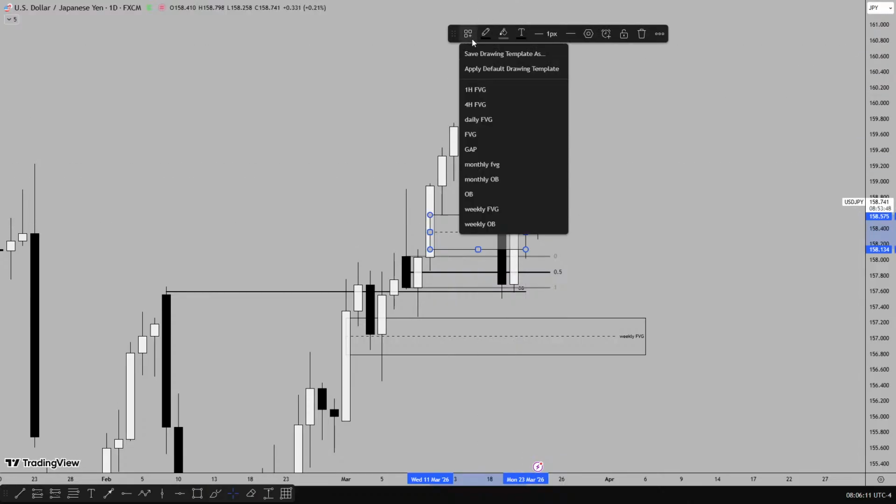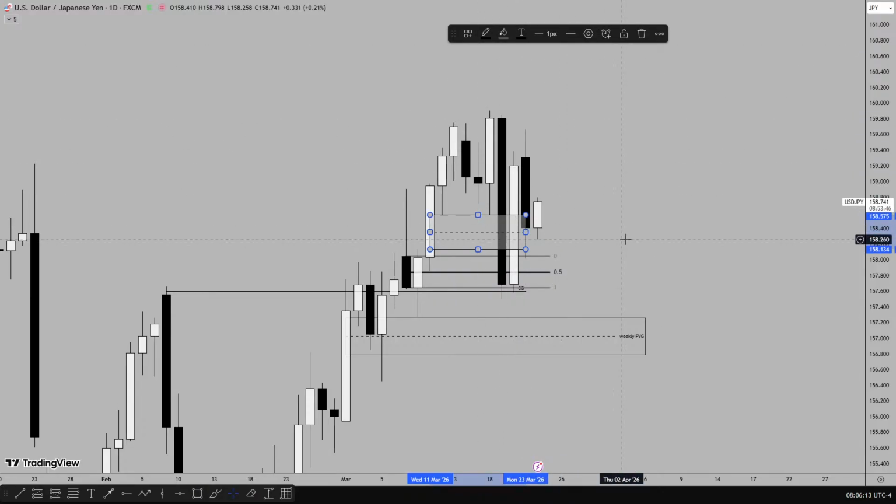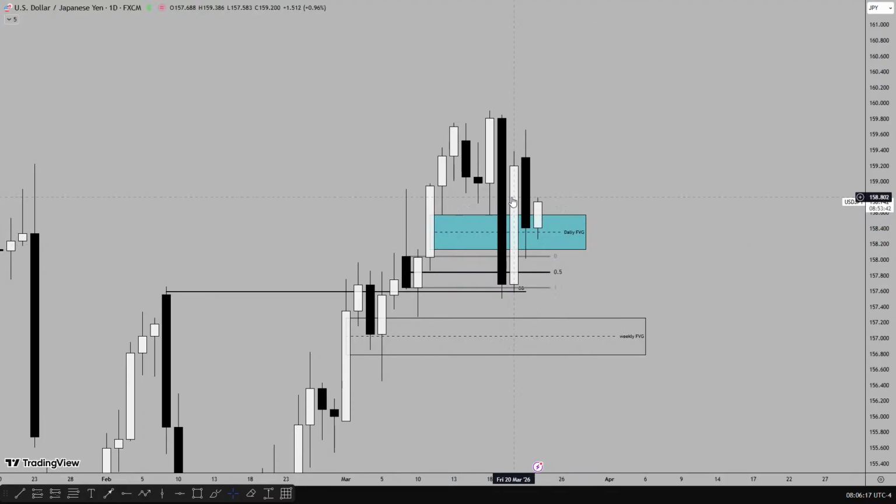First, price traded through the daily fair value gap. After that, it traded below the 0.5 level of the order block. That makes it a high probability continuation to the weekly fair value gap. That was the reason I wanted to bring it up. And at the same time, I'm looking at this order block as a resistance area in price trading lower.